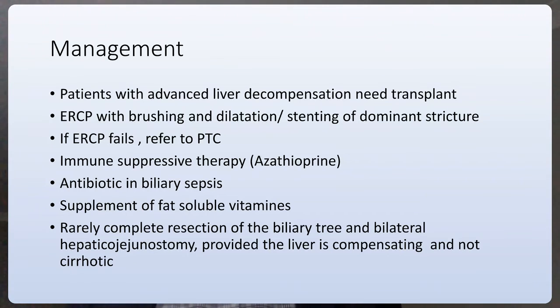There are rare occasions where the disease is very bad at the hilum, and following repeated attempts for dilatation and stenting, the patient keeps getting obstructive jaundice and they get sepsis as a result of the ERCP and the stents. In those situations, which is very unusual, we could consider complete excision of the extrahepatic biliary tree and do biliary enteric anastomosis.